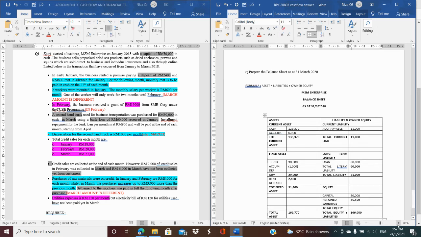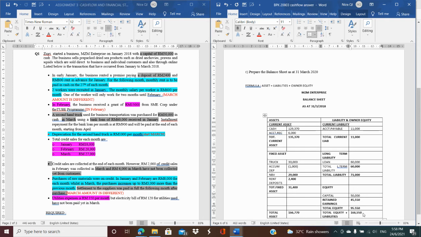So the total equity is 95,550. 95,550 plus 71,000, the amount is 166,550.